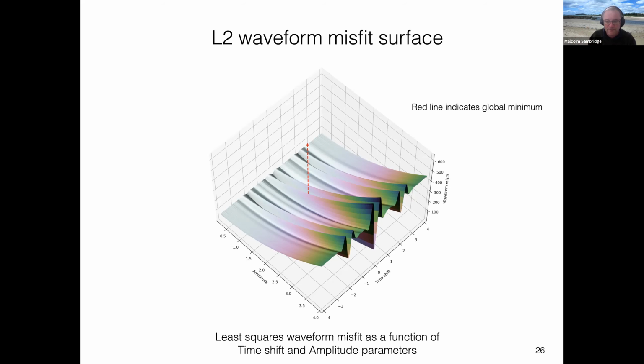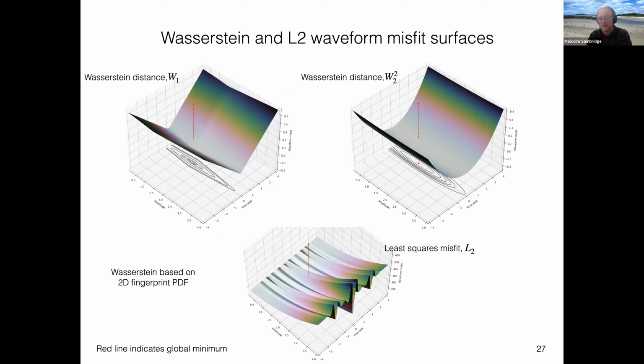Now, here are the two surfaces for the optimal transport for the same problem, where P equals 2 on the top right and P equals 1 on the top left. Below, I've actually projected the contours of these onto the surface. Hopefully you can see those. In the P equals 2 case, they're perfectly quadratic.